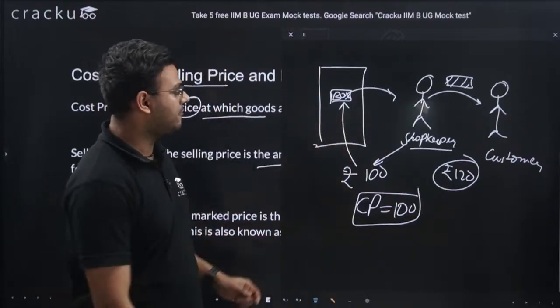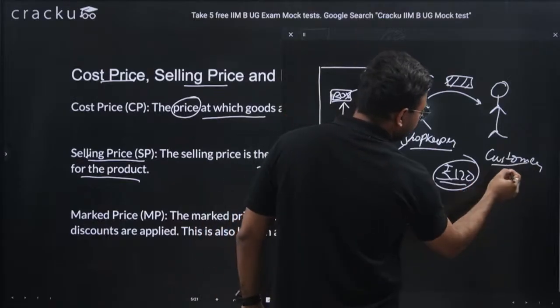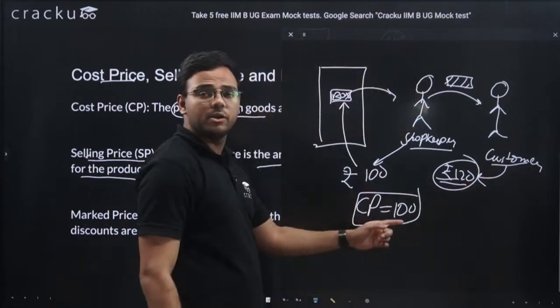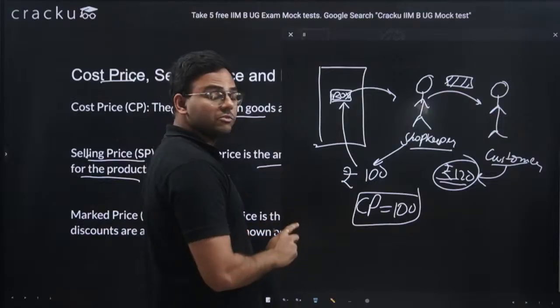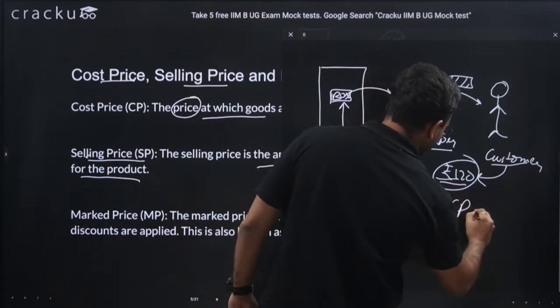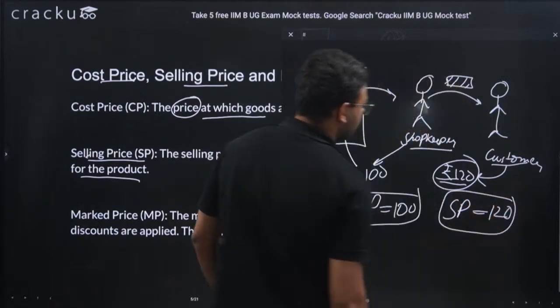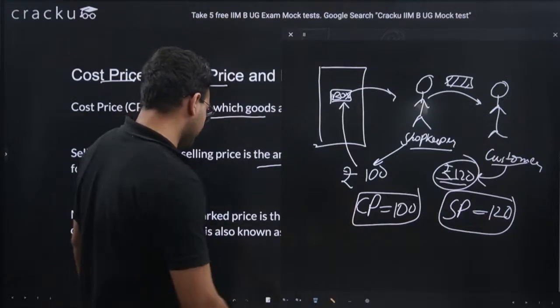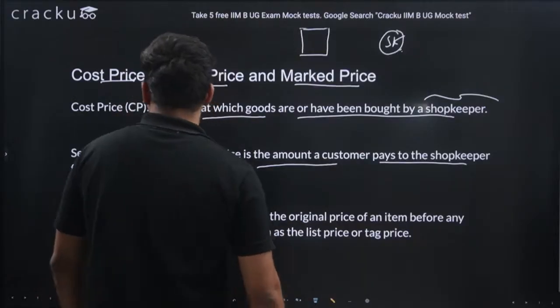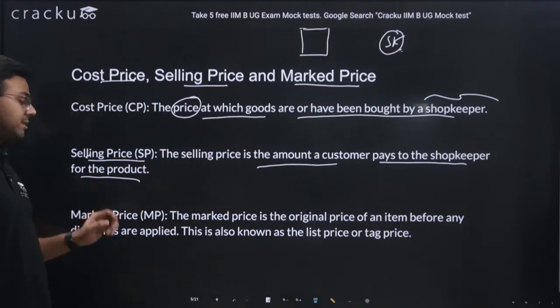To get this box, you have to pay rupees 120. So the price which is paid by the customer, this rupees 120, is being paid by you. So this rupees 120 becomes the selling price. The selling price is the amount a customer pays to a shopkeeper for the product.